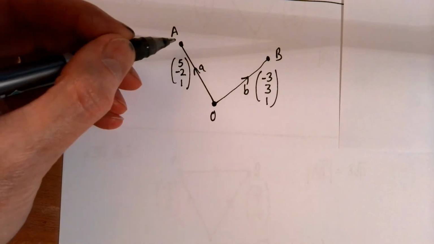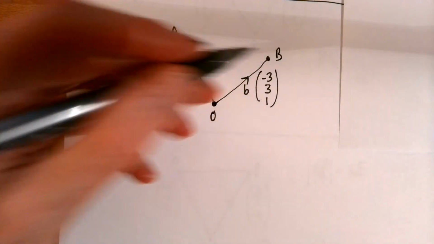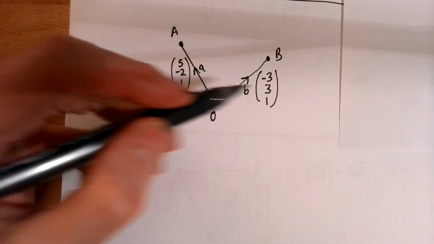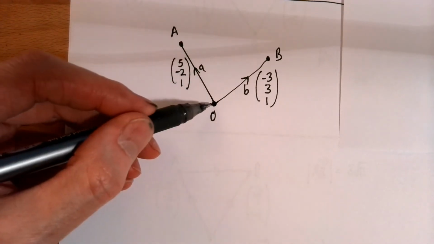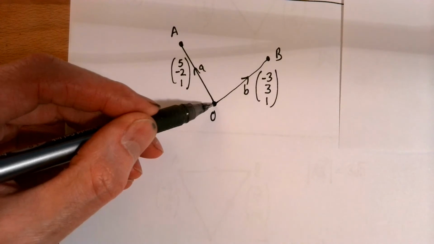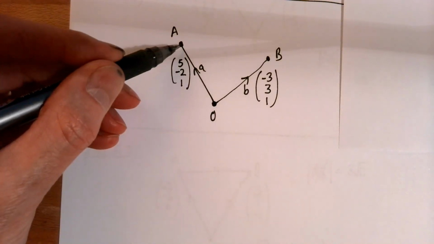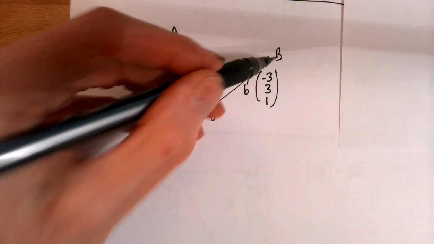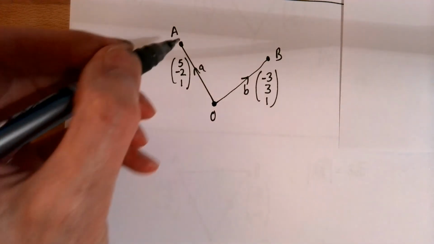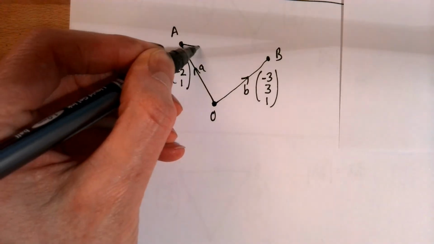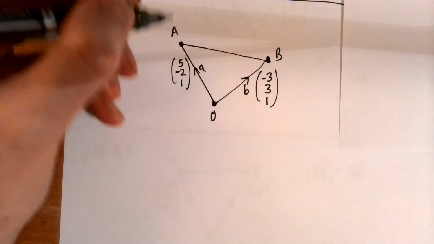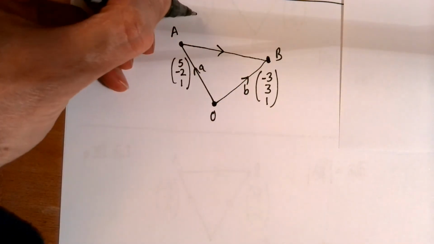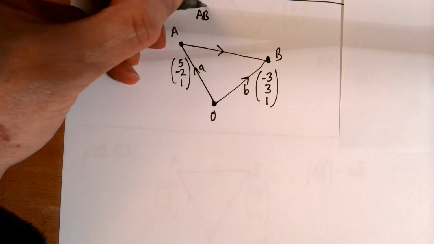So although there's no mention of points A and B, I'm sort of modelling it as this. So the vector A is going in this direction, so I'm treating that as a position vector going from the runway to some point A, and similarly the vector B. And what I can do then is work out the vector AB, as always.